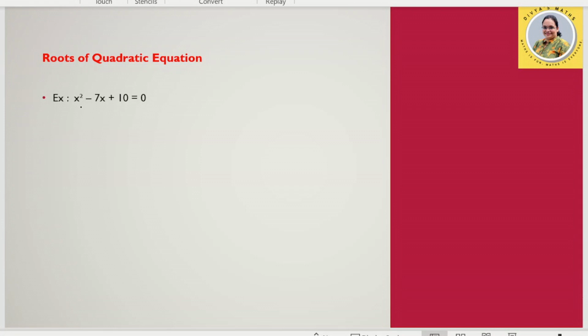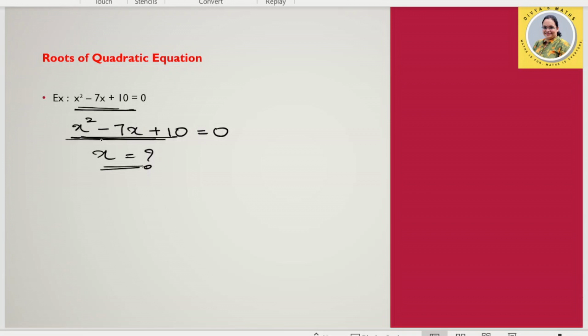Now see here in this example, from this equation, that is x square minus 7x plus 10 is equal to 0, how will you find the value of x here? If you substitute a value in this equation, and if it satisfies this equation, that value will be the solution of that equation, or it is said to be a root of that equation.